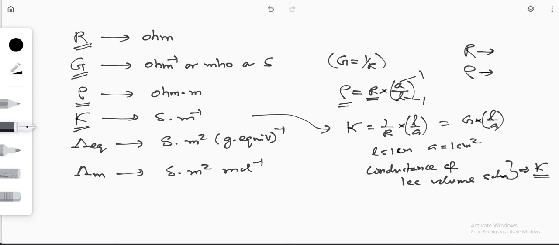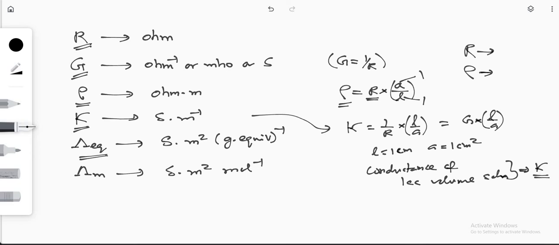Last class we have given this. Then what is equivalent conductivity? Equivalent conductivity is nothing but the conductance of a solution. Students, observe carefully. You can call it equivalent conductivity or equivalent conductance; both are one and the same. It is the conductance of a solution containing 1 gram equivalent of electrolyte.